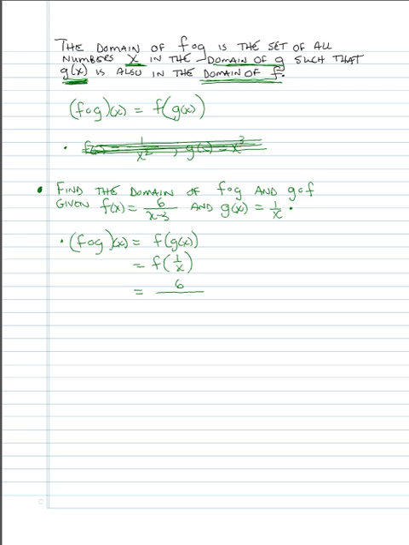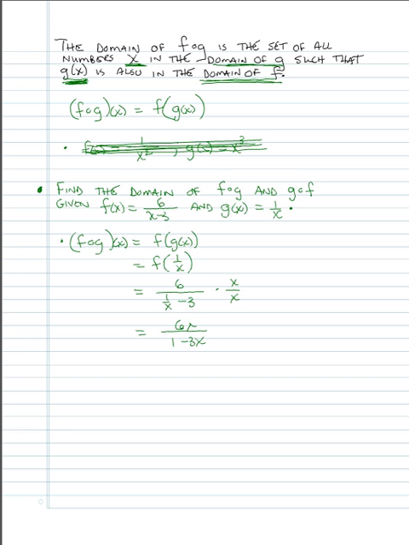So that's 6 divided by our input, which is 1 over x, not x, and then minus 3. Then we simplify by multiplying the numerator and the denominator both by x. The numerator becomes 6 times x, and the denominator becomes x times 1 over x minus 3 times x. So we end up with 6x over 1 minus 3x.